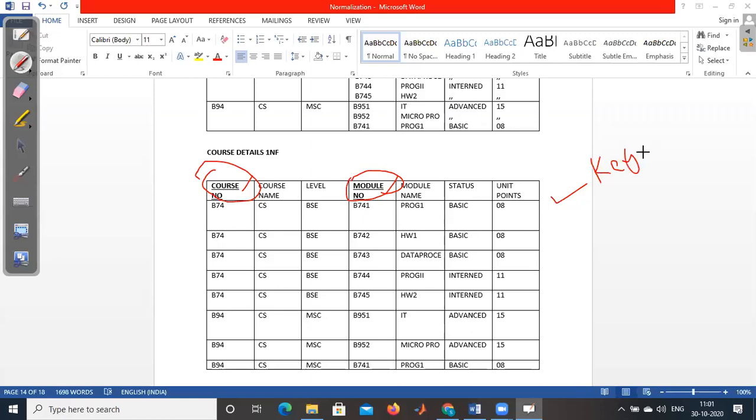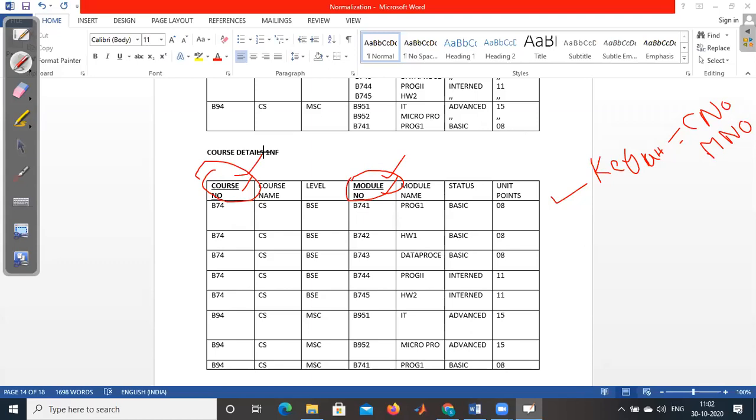Module number and course number are key attributes.